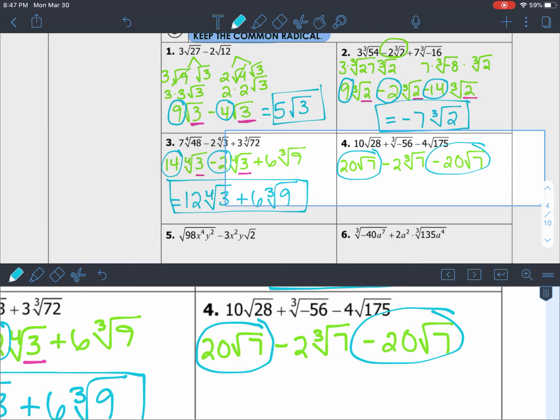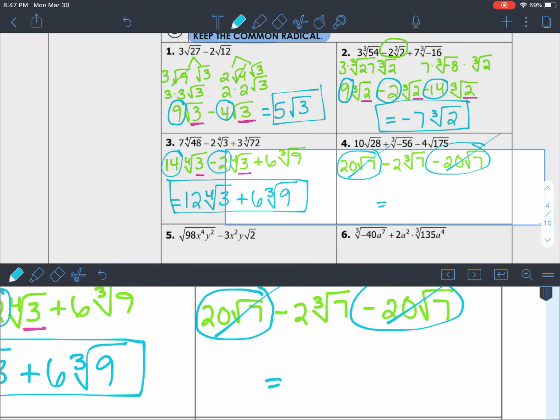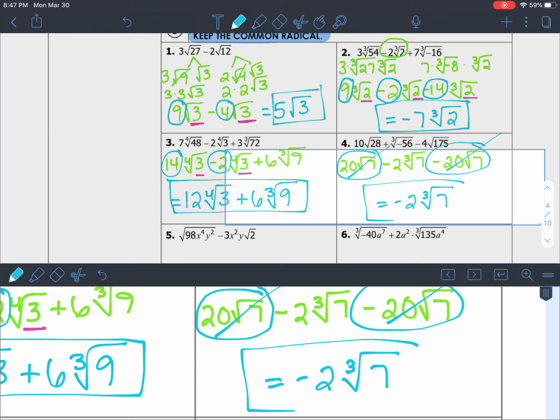When I do 20 minus 20, I get 0. So those cancel each other out, and I no longer have these. So what I'm left with is just this negative 2 times the cubic root of 7 for my answer.